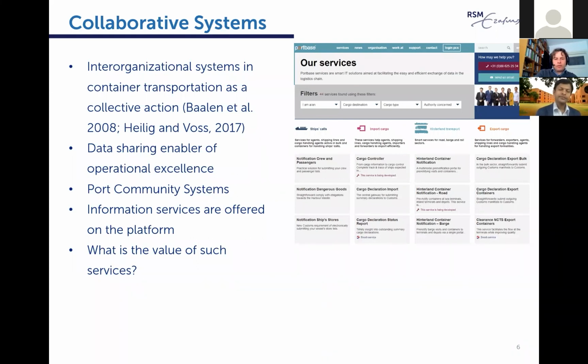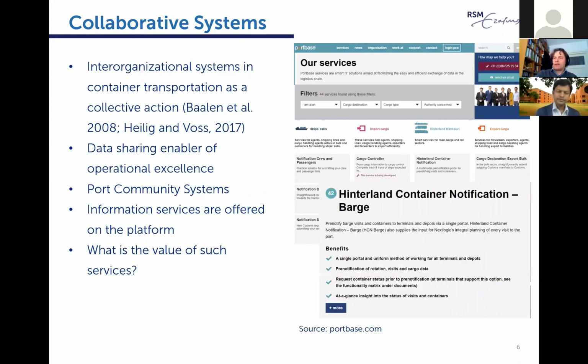This all started with the accommodation of customs declarations for the cargo that was being transshipped, but this has extended also to particular logistics information services. Examples are the notification of containers that are to be transported by barge, and this may also support the planning of barge services in the port.